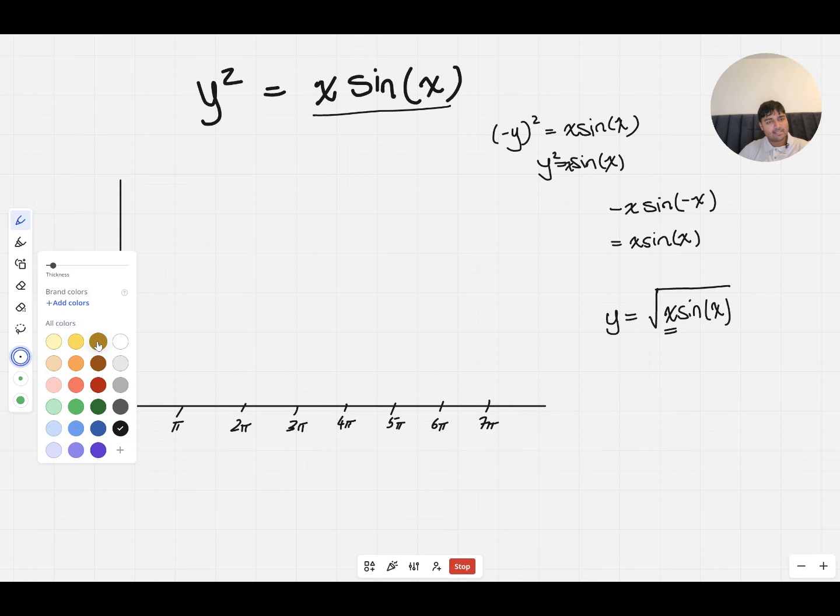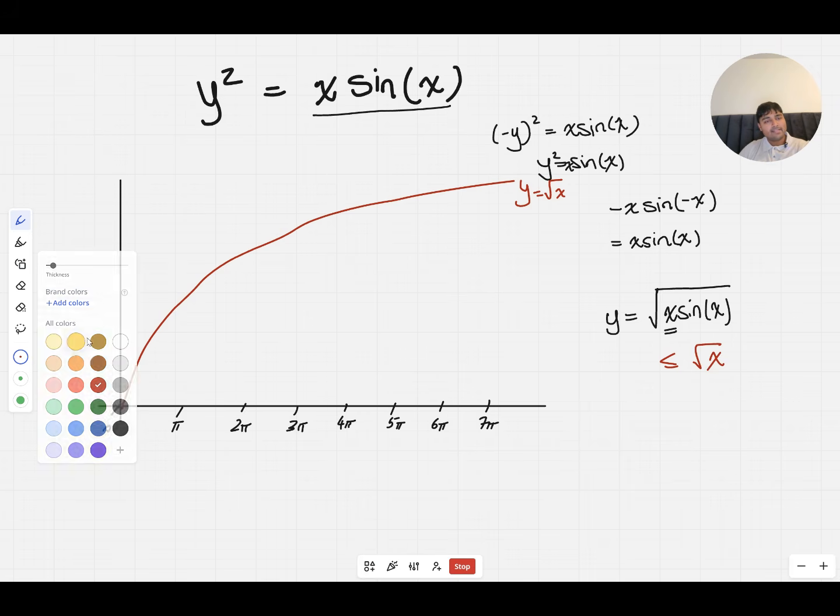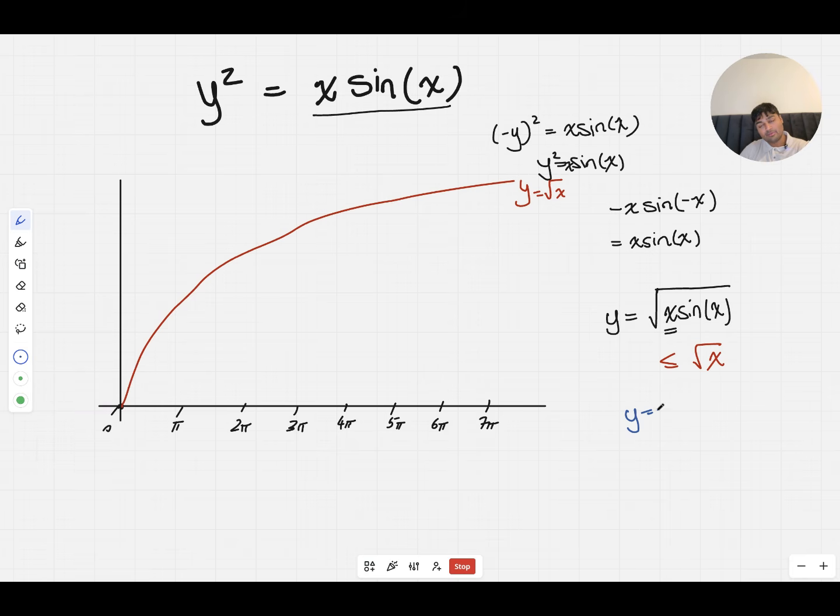So in fact, if I sketch y equals root x like this, and because I know that the biggest sine x can be is 1, I know that y is always less than or equal to root x in this quadrant. And so what I can do is use this as a model to help me sketch this. Let me sketch y equals root x sine x in blue.